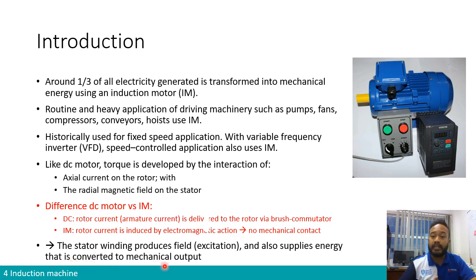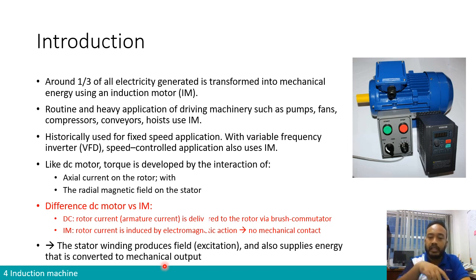If you remember, in a DC machine you may have two separate supplies, where one supply produces the field. The power supply that produces the field is just there to produce the field. The energy produced by the field is not going to be converted into mechanical energy. It is only the energy going into the armature that is converted into mechanical energy.